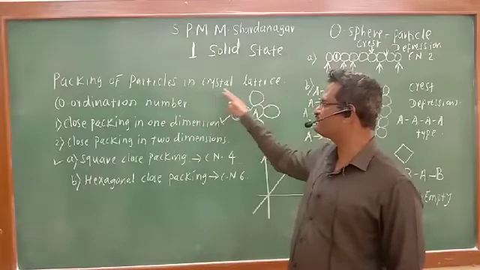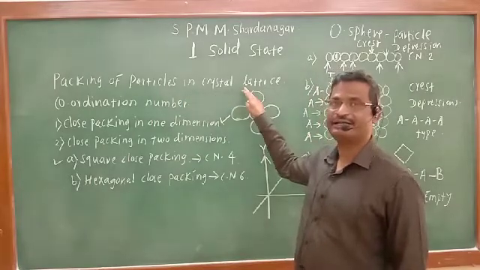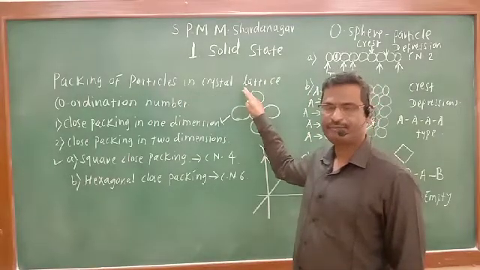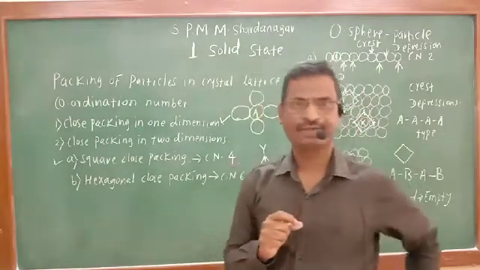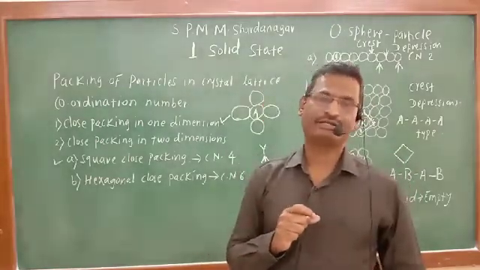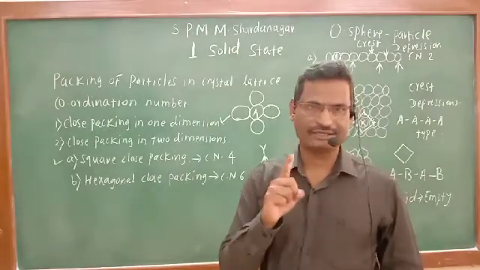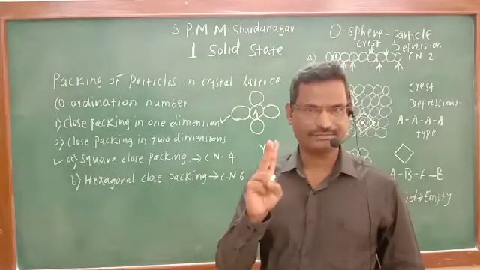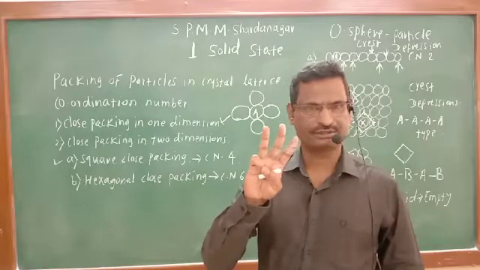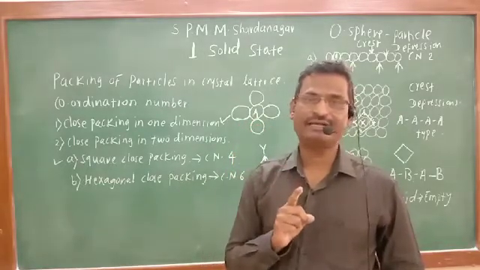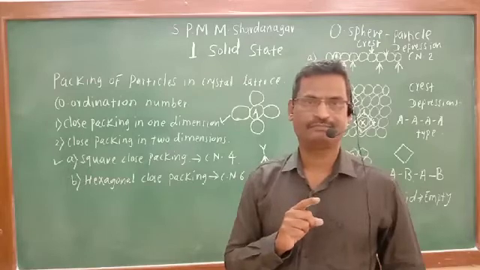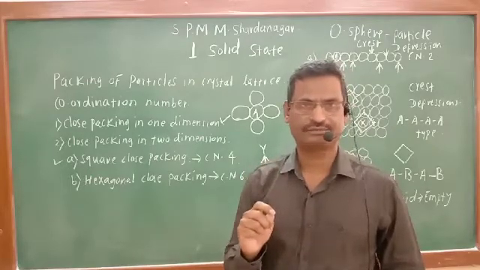Packing of particles in crystal lattice. We know constituent particles in the crystalline solid are either ions or atoms or molecules, that we have studied. Whenever a charged ion is a constituent particle, it is known as ionic crystal.